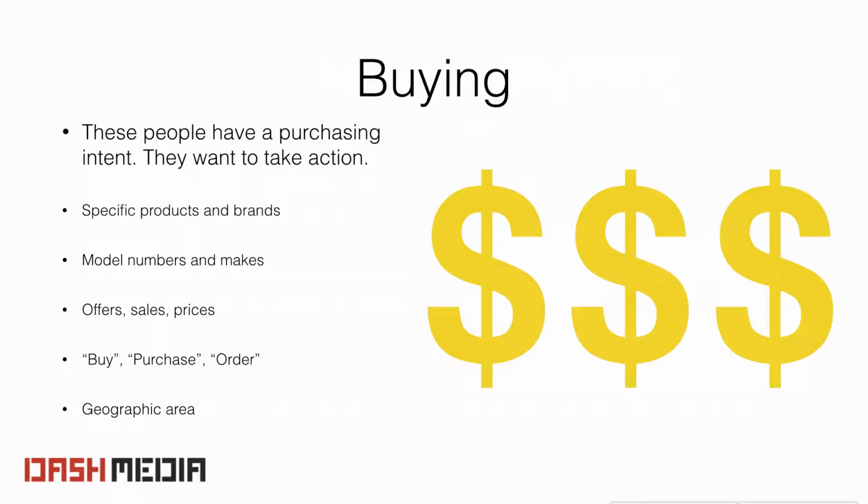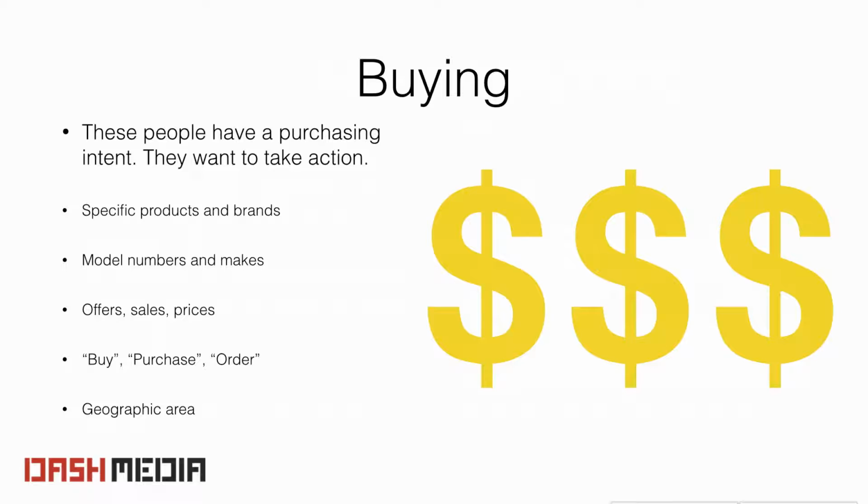They know what's out there. So they might actually look for your specific product. They might look for model numbers or makes of products. They're going to obviously be interested in offers and sales and prices. These things are now important to them because at that point in the buying cycle, this becomes a consideration. Who's got the best deal? They'll also use modifying keywords or buying intent keywords like buy or purchase or order. These words will appear in the search queries that they put into Google to try and find a product or service.